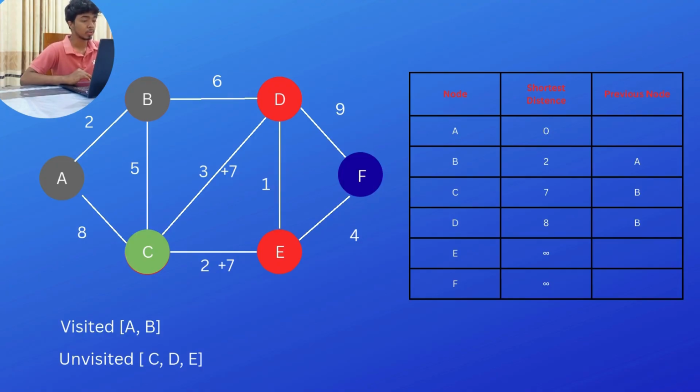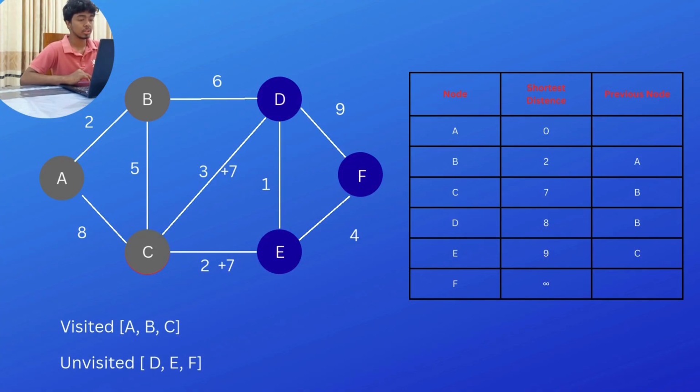But now we get a distance of 9 from A to E over the node C. So we update our shortest distance in the row E, set it to 9, and set the previous node to C.